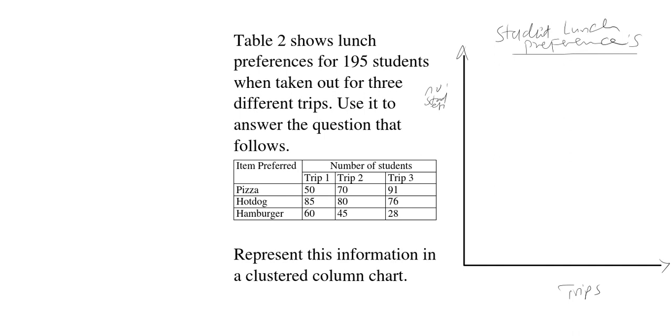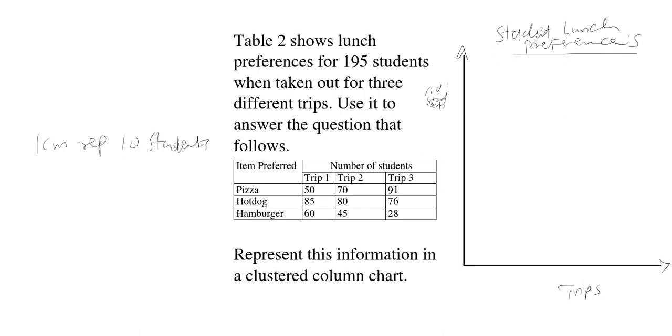In this case, the highest value in our table is 91 and the lowest one is 28. So we can have a scale of 1 centimeter to represent 10 students. In the real graph paper, you can have one big square or 1 centimeter to represent 10 students.